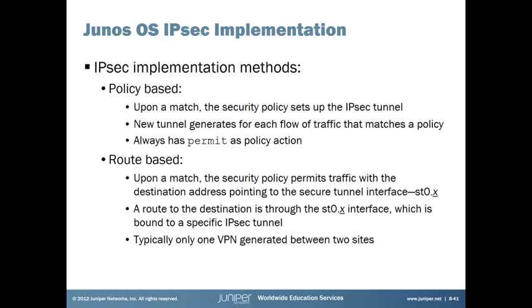Therefore, any traffic that is destined for site B will have to go into the VPN in order to get there. And so that would be set up on site A, and of course the corresponding would be set up on site B, to direct traffic going from site B to site A. So the route-based is probably a little more common, but there will be circumstances where maybe the policy-based will be more suitable.